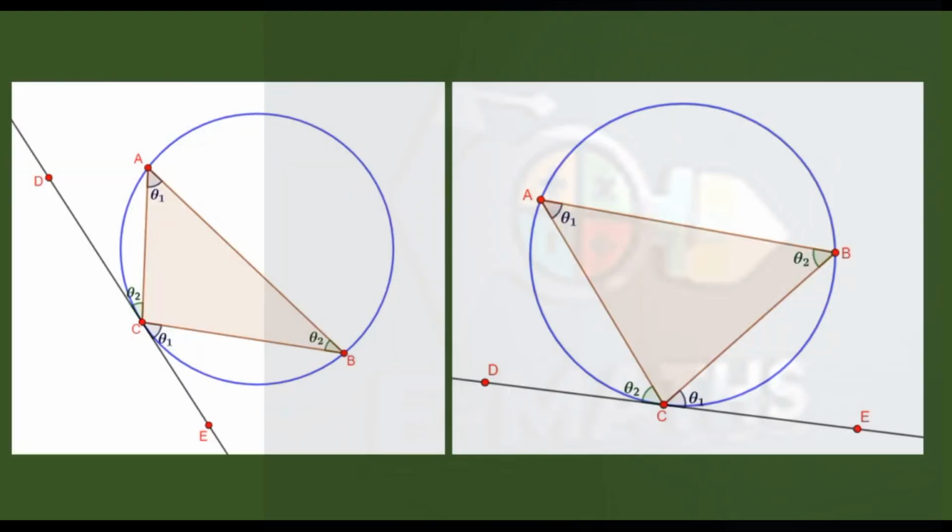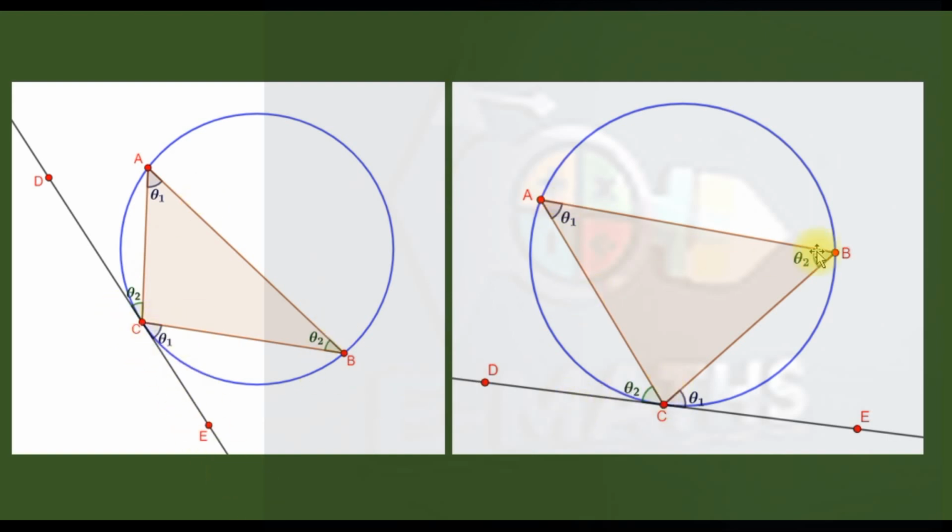We'll look at two different diagrams, but that same theorem applies, because we are seeing triangle ABC inscribed in this circle such that this tangent line, the point of tangency, is common to the triangle and the tangent line.